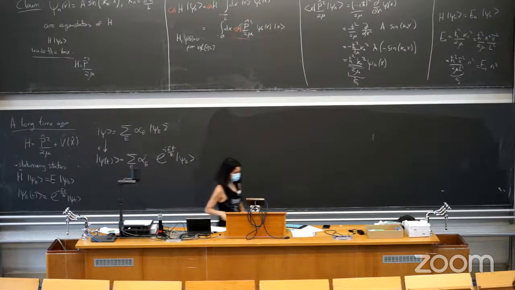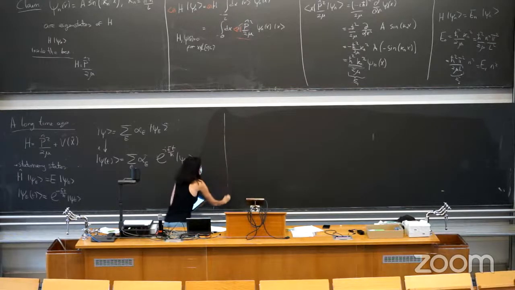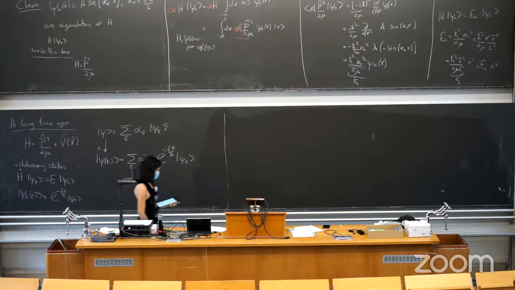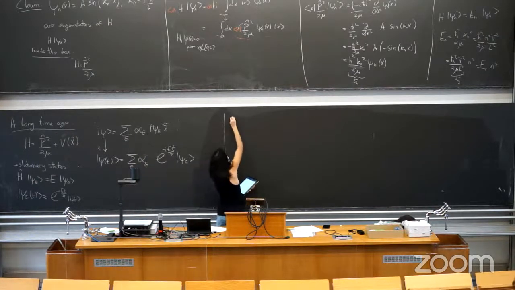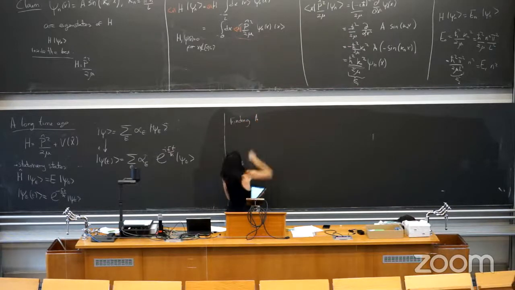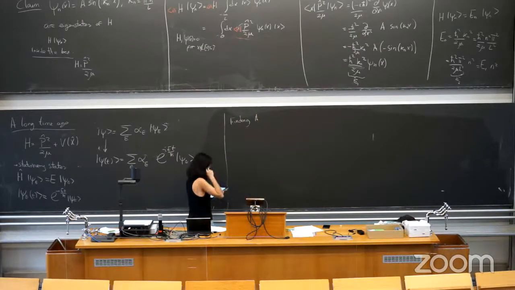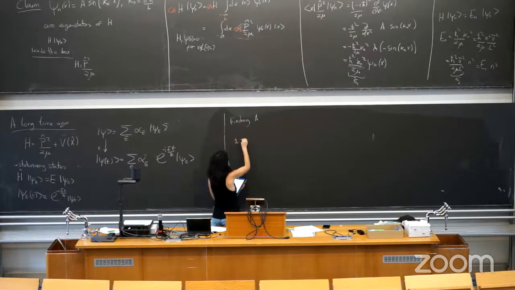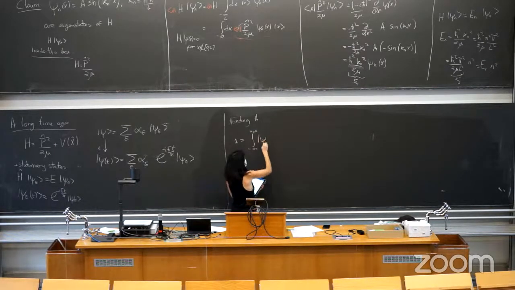So how do we find this constant A? Well, you know that the wave function needs to be normalized, so the integral from minus infinity to plus infinity needs to be 1.